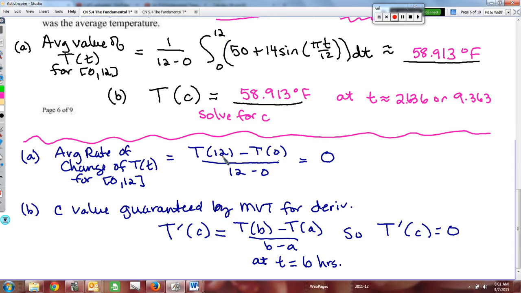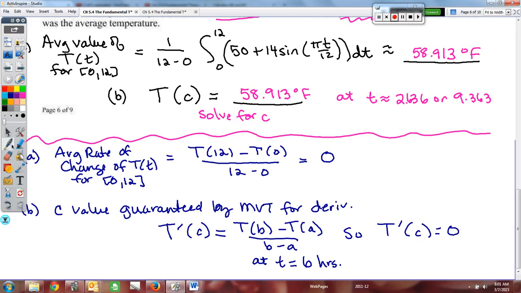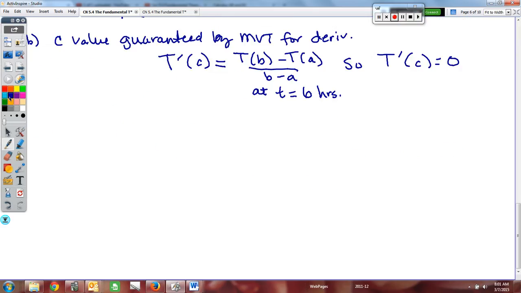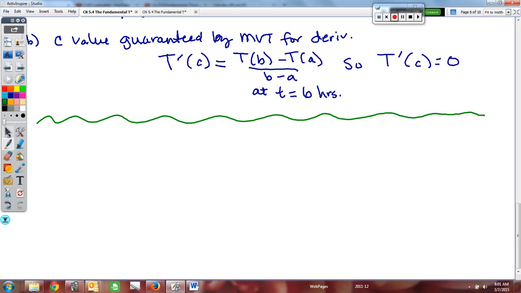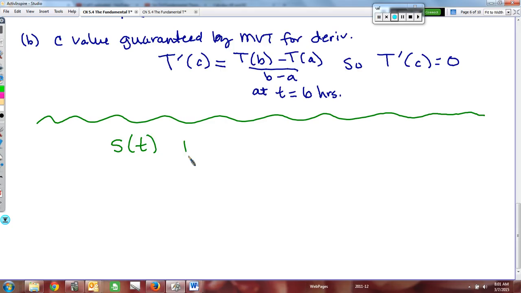Now what can get a little confusing here, and so I just want to show this to you when you are looking at putting everything together on the AP. When we get down here to, hey, every possible thing is going to be in one test, if I have a position function, s of t, okay, so this is my position function, and then I have the derivative of the position function, the velocity function.